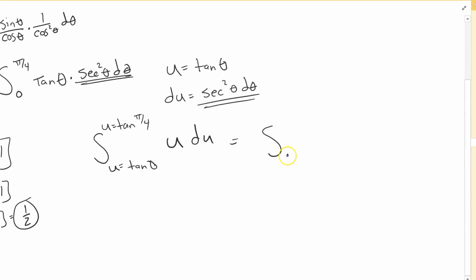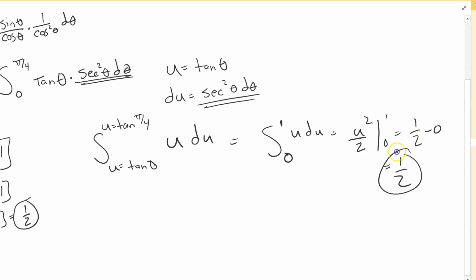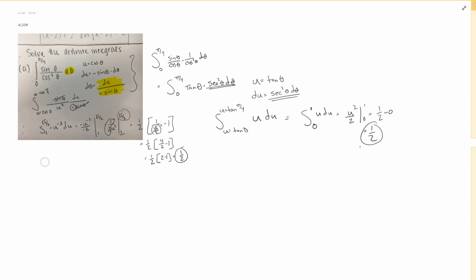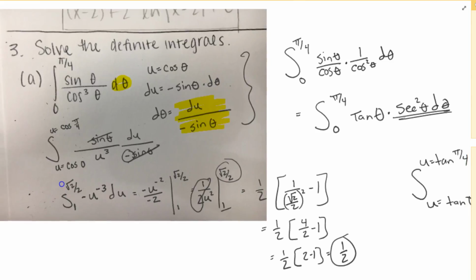So I'd integrate from tangent of 0, which is 0, to 1 of u du, which would be u squared over 2, which would be 1/2 minus 0, which is 1/2.